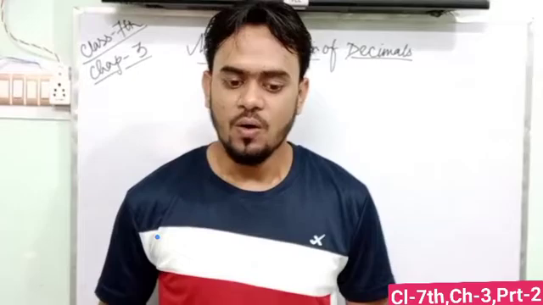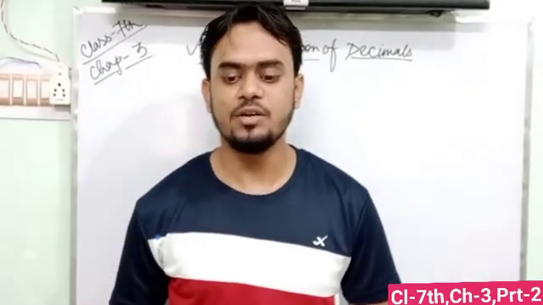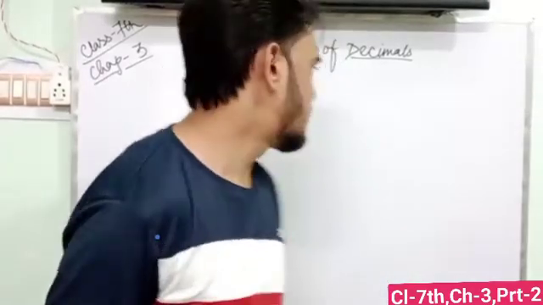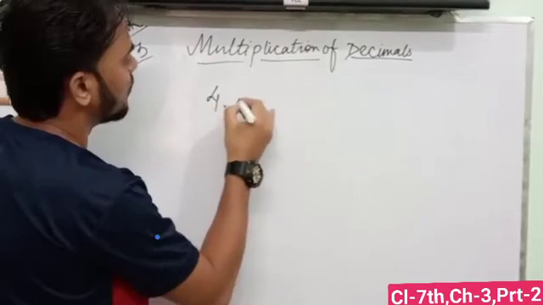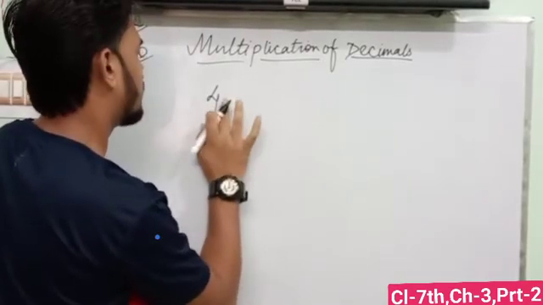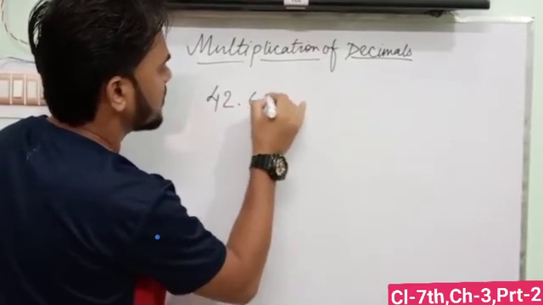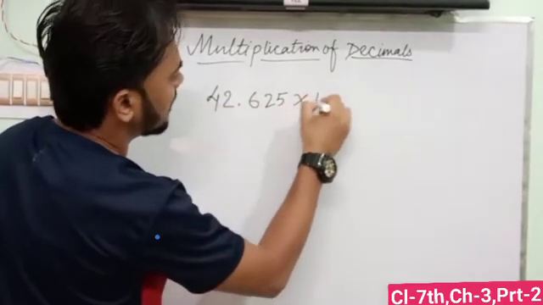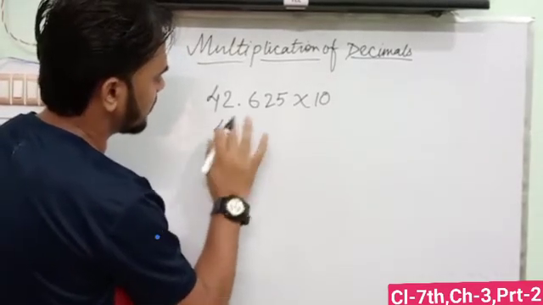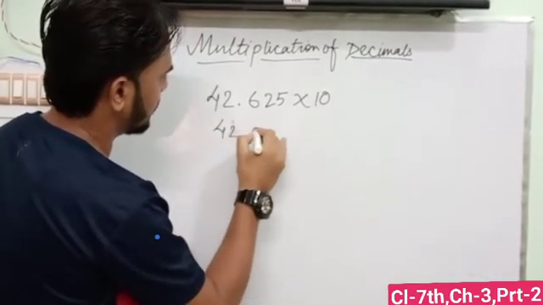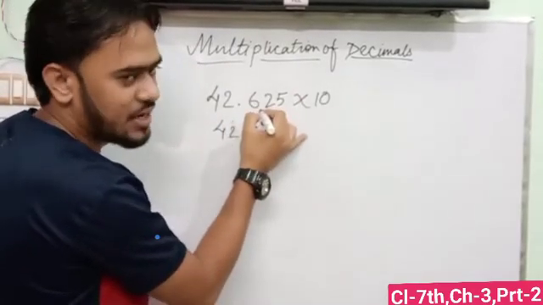Just like when a decimal number is multiplied by 10, the decimal point is shifted to the right by 1 place. See here, if you have a number 42.625 and multiply by 10, there will be no change in the digits, only your decimal shifts right by 1.